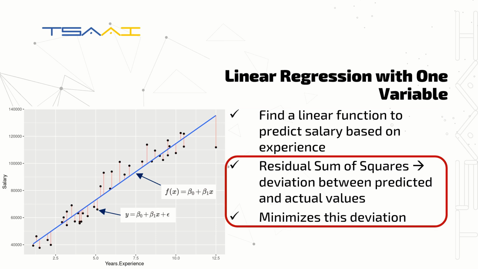The residual sum of squares method uses the deviation between predicted and actual values summarized over all value pairs. The regression algorithm thus minimizes this deviation and thus finds the best parameters to make our model as good as possible.